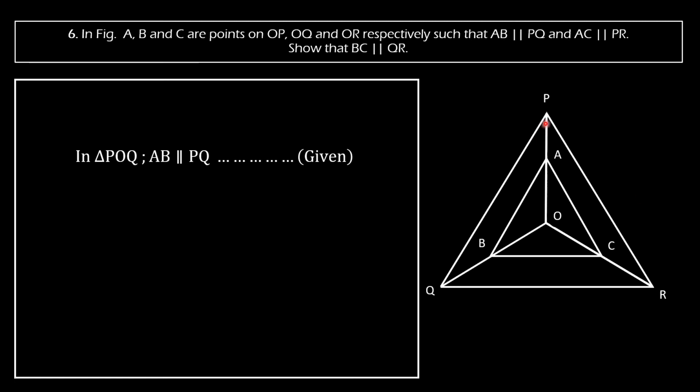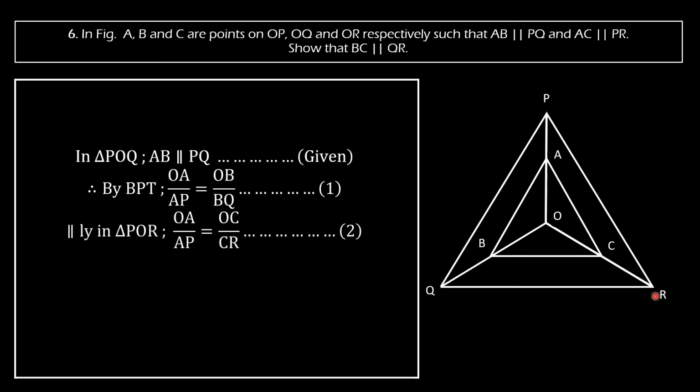So in triangle POQ, AB is parallel to PQ. So by BPT, the basic proportionality theorem, OA upon AP is equal to OB upon BQ. Similarly, in triangle POR, by BPT, we can write that OA upon AP is equal to OC upon CR, and mark this as equation 2.